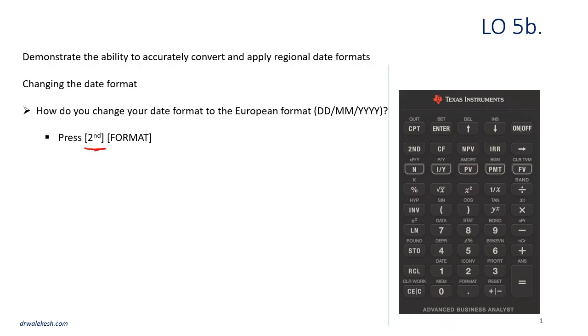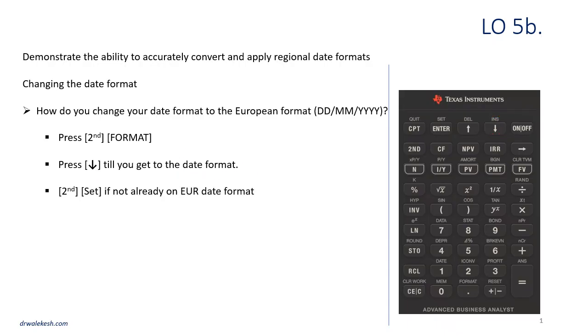You would press second function, format. This is second function. Then you press format. Then an arrow pointing down till you get to the date format. Then you press second function, set, if the date format is not on the European date format.